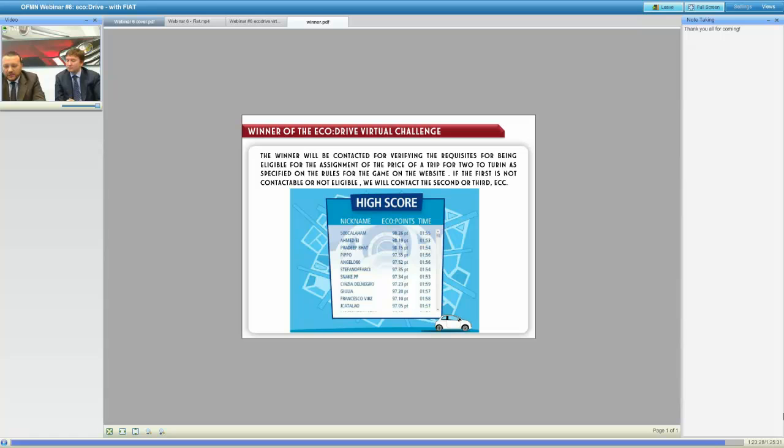And what the in-car EcoDrive application, in the real vehicles, is doing is recording those data before sending them to the server, and the server then analyzes the data and transforms them into an eco-index and into tips to improve the driving style.